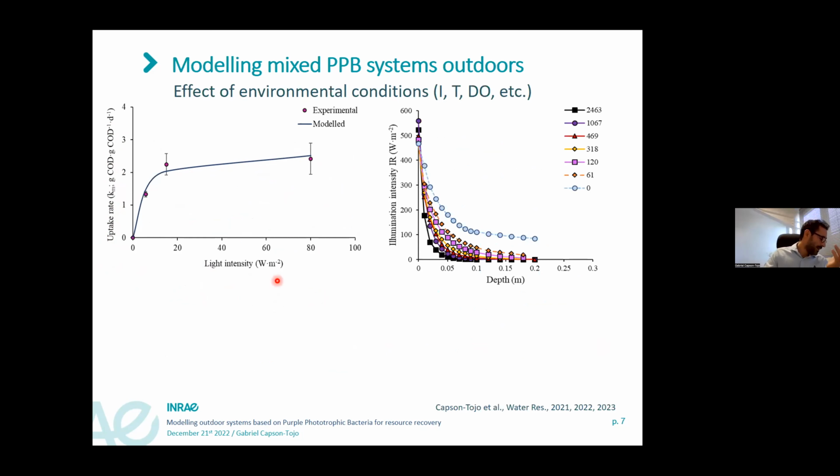The main difference is we didn't see scattering as a relevant term, so the Lambert-Beer function worked nicely. And we also had, as you can see here, very different attenuation profiles at different biomass concentrations, which are these values here. So we also needed to modify the attenuation coefficients depending on the biomass concentrations.